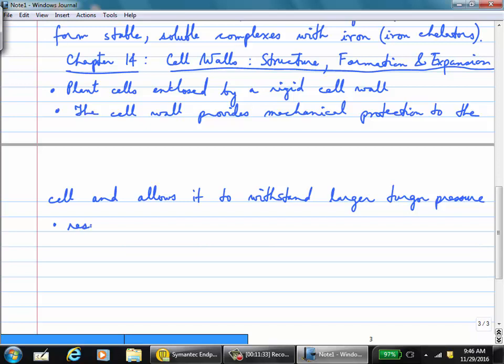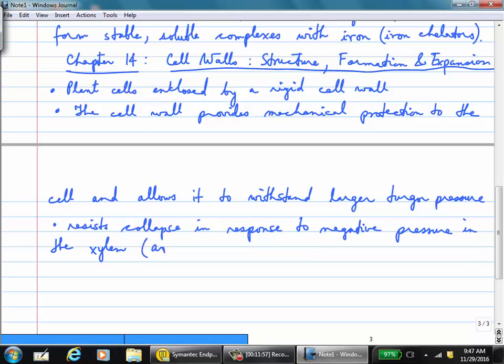So it resists collapse in response to negative pressure in the xylem. And the negative pressure arises from the transpirational water flow.